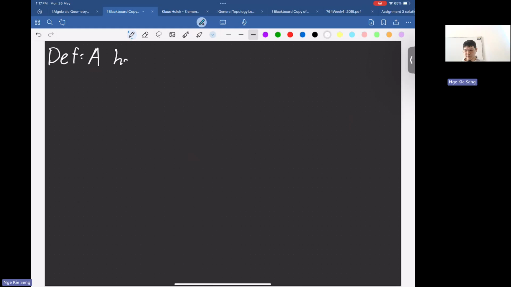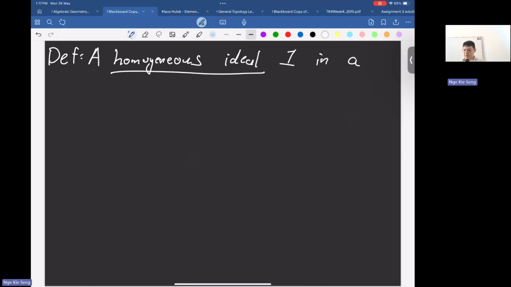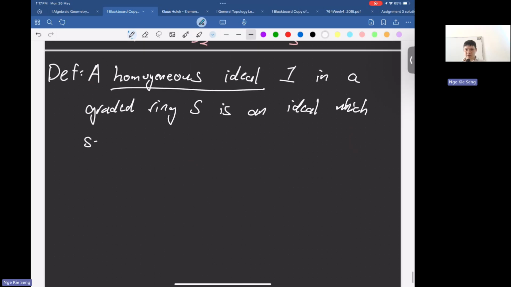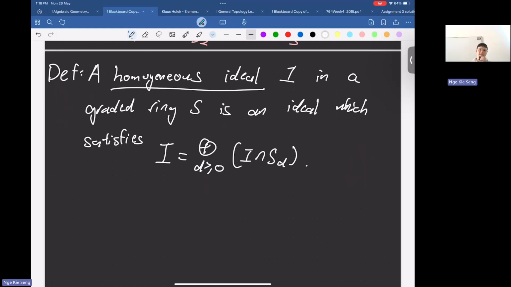Definition. Now we're going to define what the homogeneous ideal is. A homogeneous ideal in a graded ring S is an ideal which satisfies the following. You can write your I as a direct sum of the intersection of I with S_d. I don't write out the definition of intersection again, so you should apply the previous one.